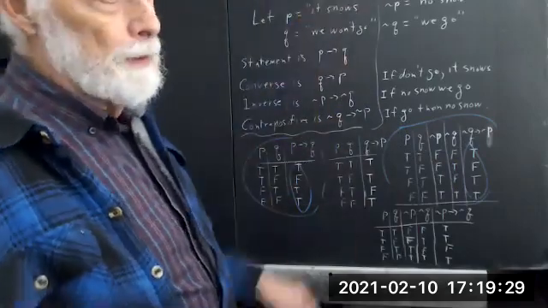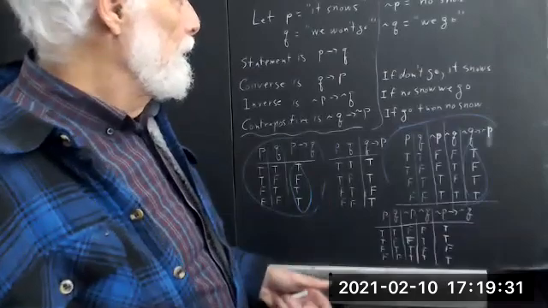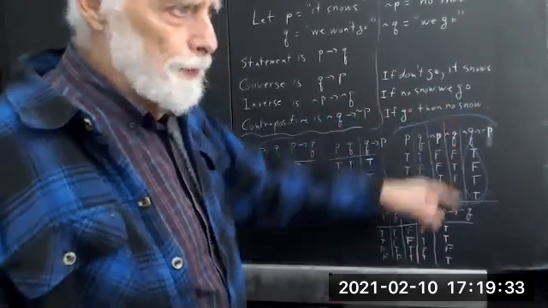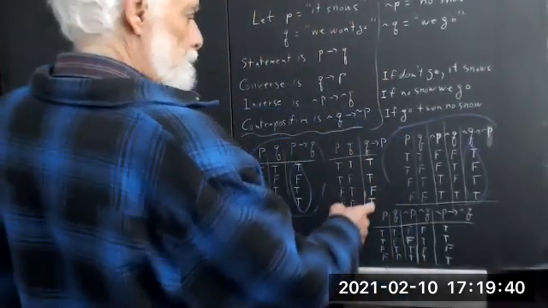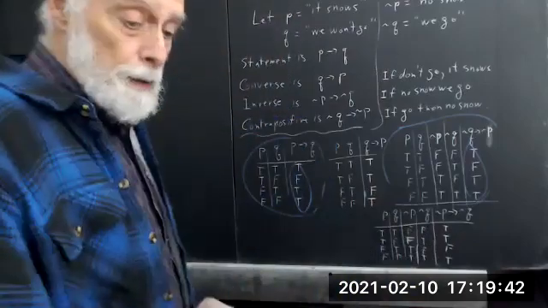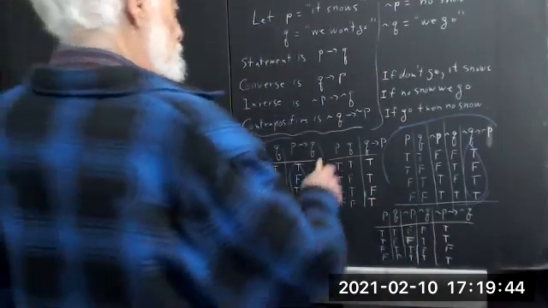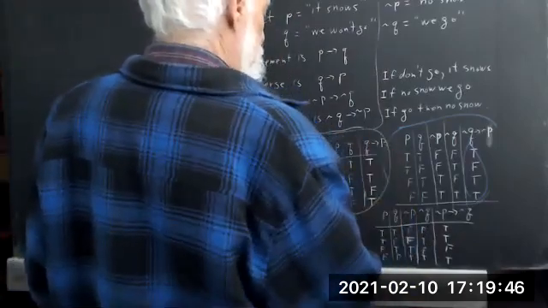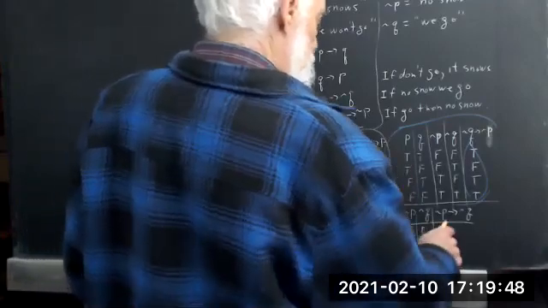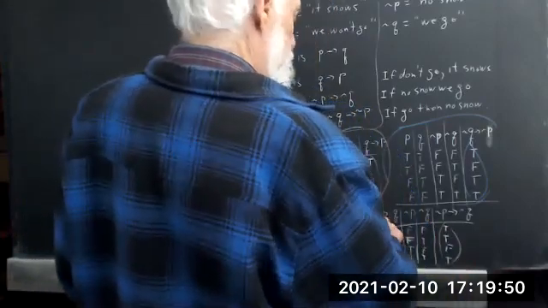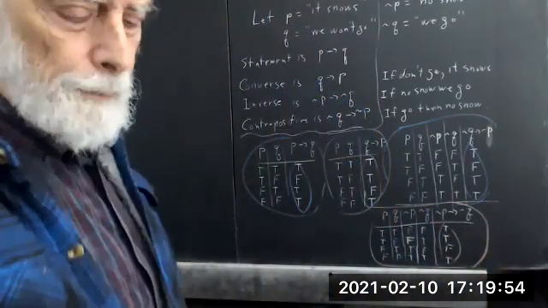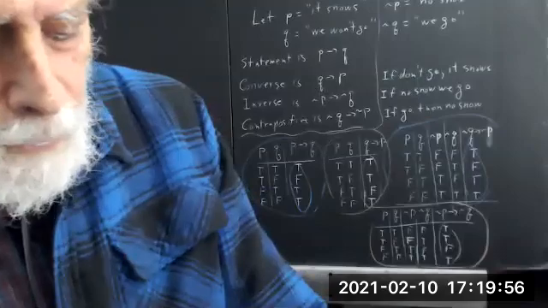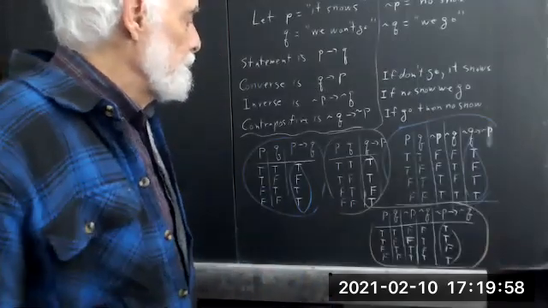If it snows, we won't go. So the same thing is, if we go, then it didn't snow. And here and here, we see truth values are the same. So the inverse and the converse are equivalent.